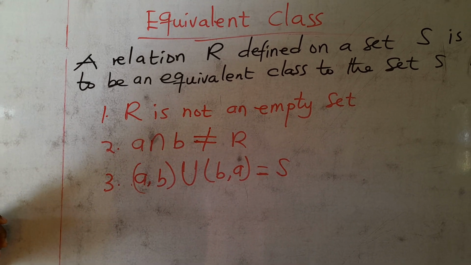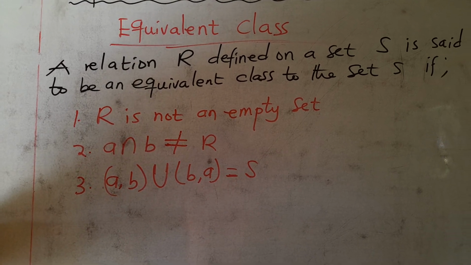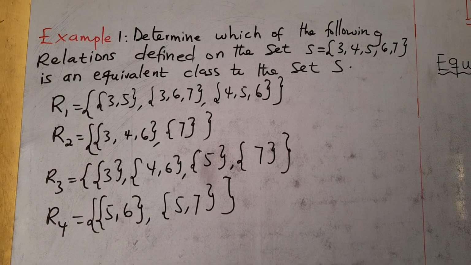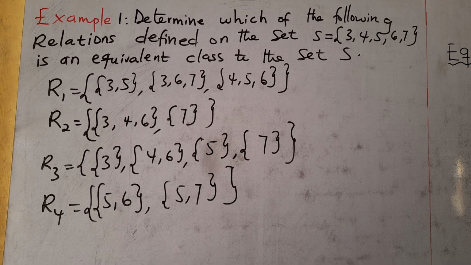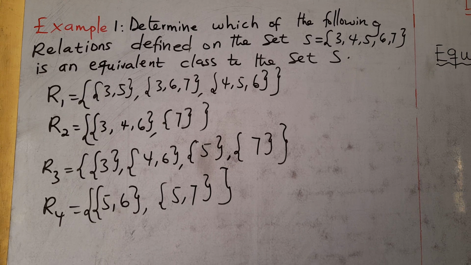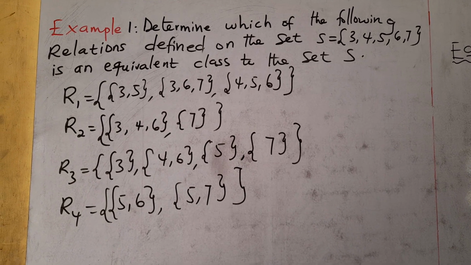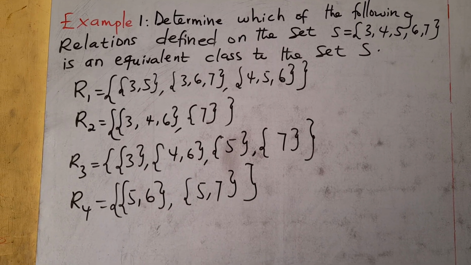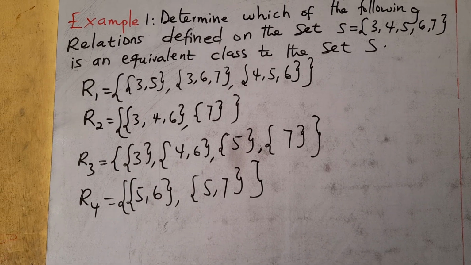So now we take some sample questions and see how to determine if a relation is an equivalence class to a particular set. Our example says that we should determine which of the following relations defined on a set S equal to the members 3, 4, 5, 6, 7 is an equivalence class to the set S. R1 is a set of sets {3, 5}, {3, 6, 7}, {4, 5, 6}, in that order.